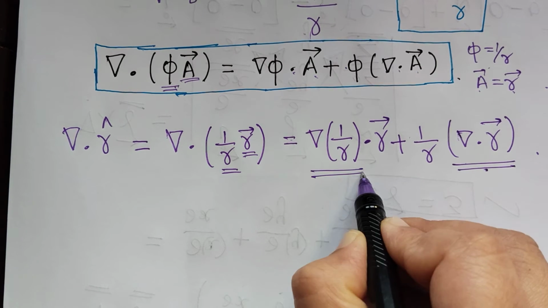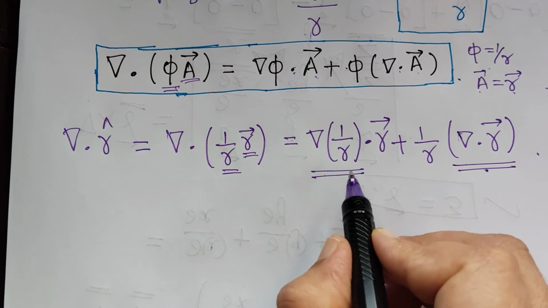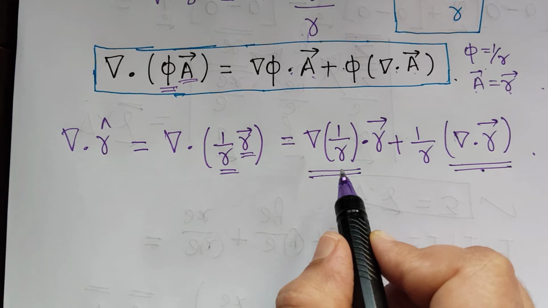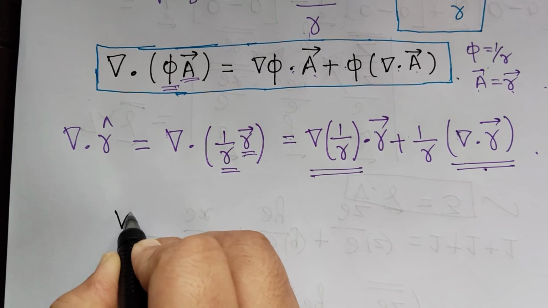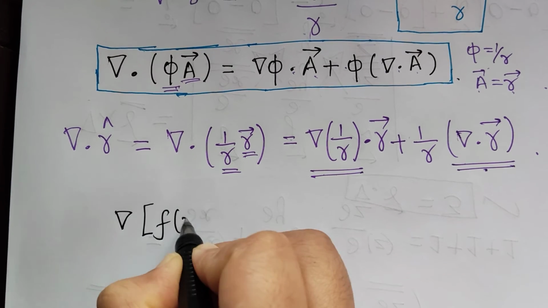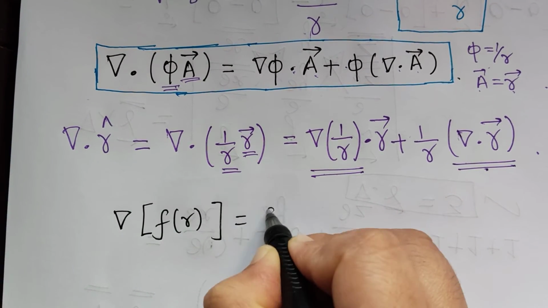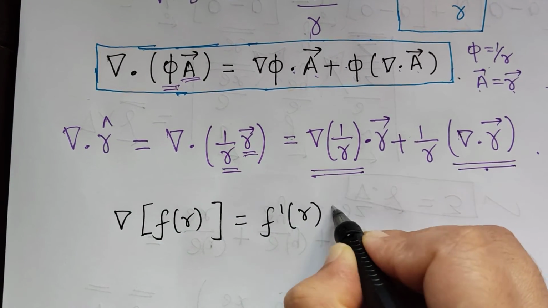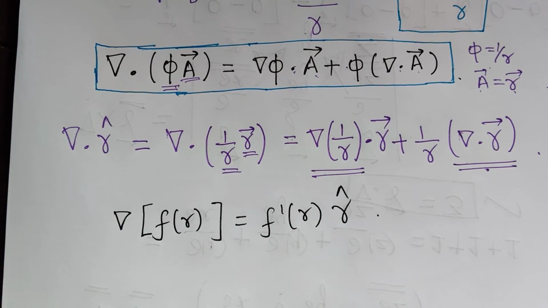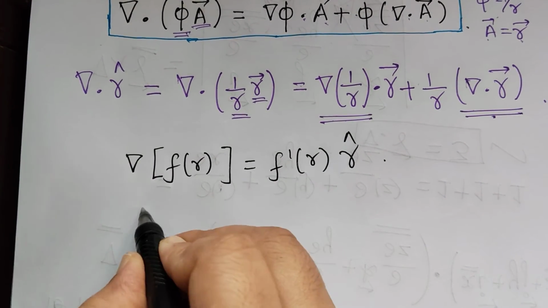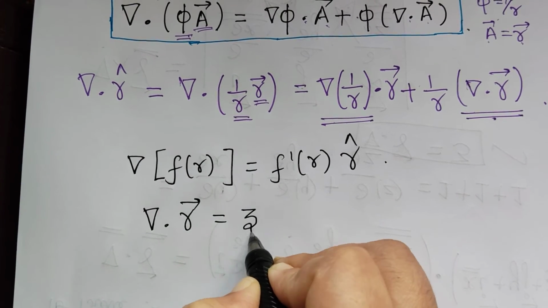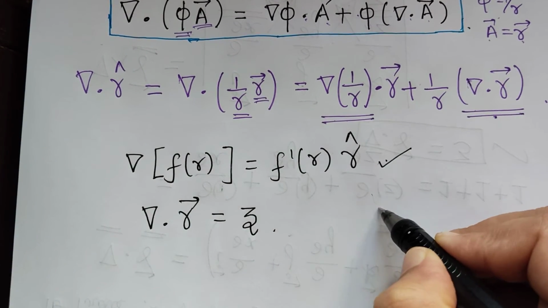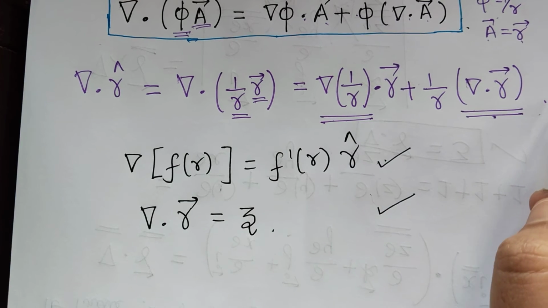And here we are going to apply the nabla f of r identity, that is result 1 as per our video lecture. Remember, nabla f of r is given by f dash of r multiplied with r cap. The second result that we will be using is nabla dot r vector is equal to 3. So now let us apply these two results over here.